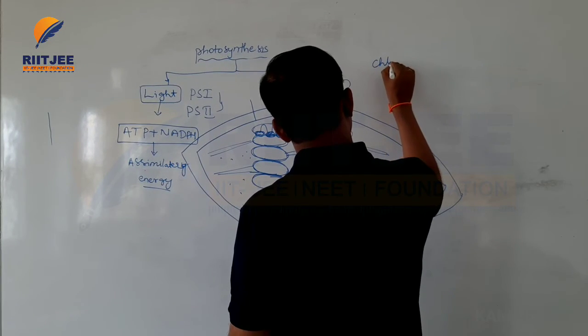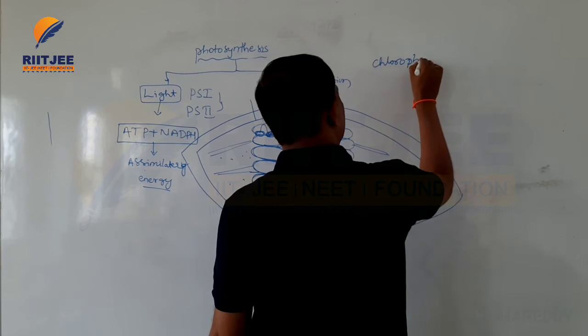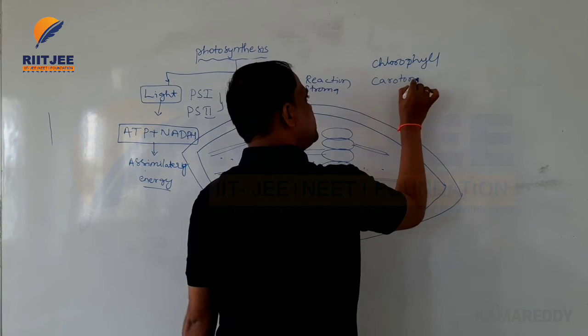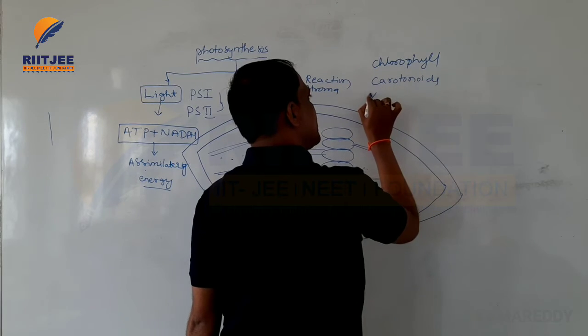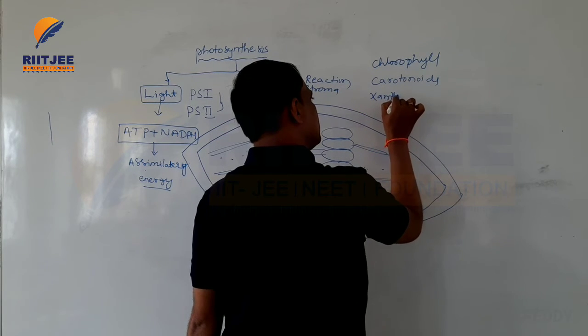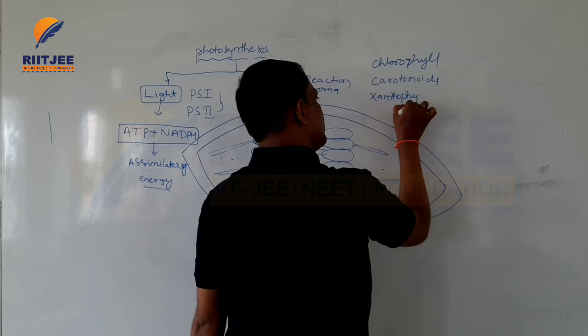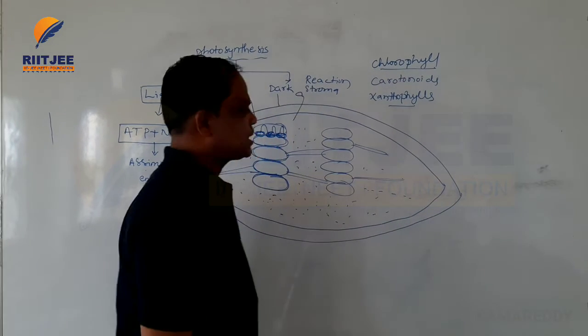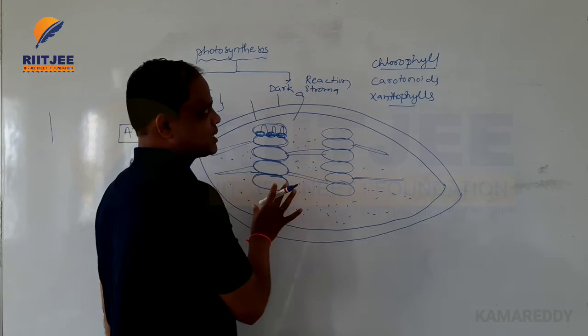One pigment is chlorophyll, and carotenoids and xanthophylls are also present. The chlorophyll is a very important structure in the chloroplast.